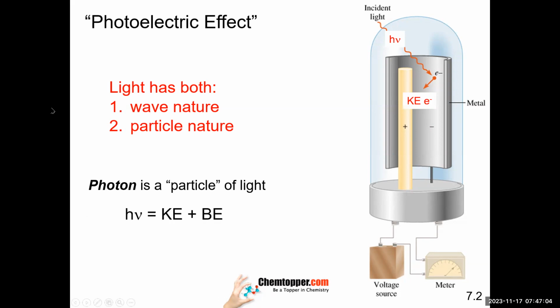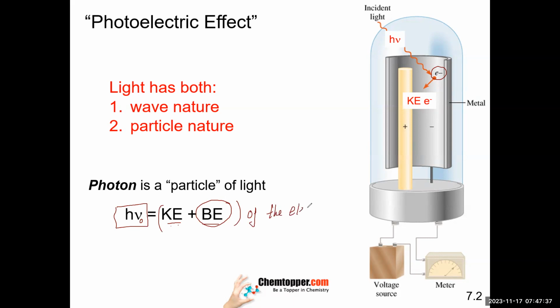So I already explained this. The incident light is falling on the electron. The electron is overcoming the attraction, that is the binding energy, and the remaining energy is given to the electron as kinetic energy.